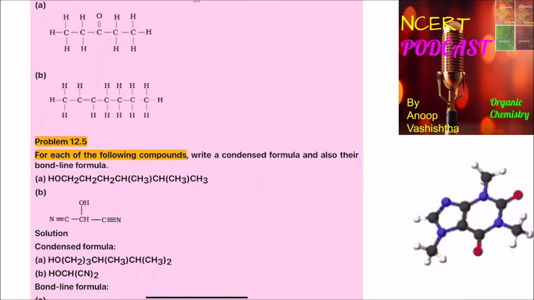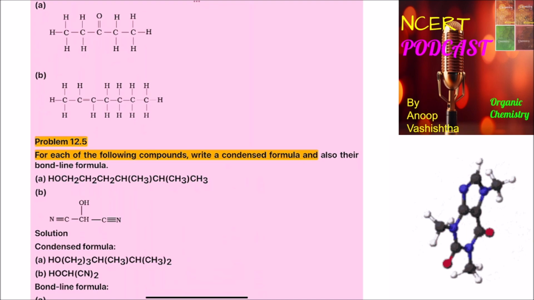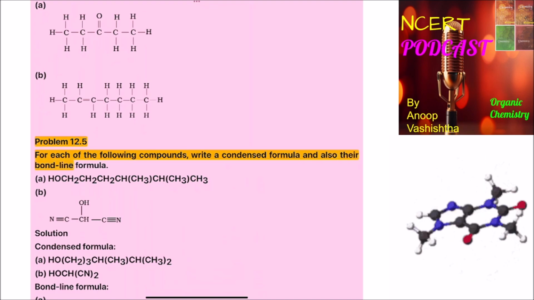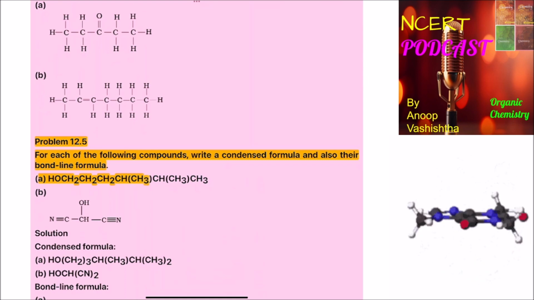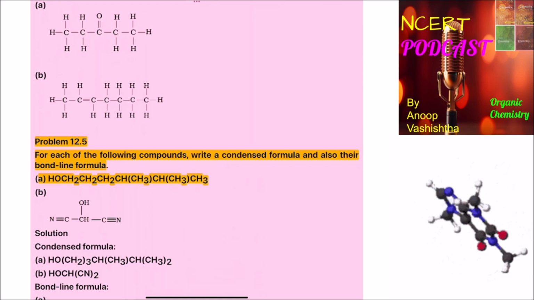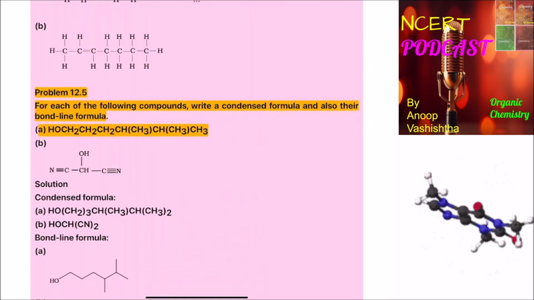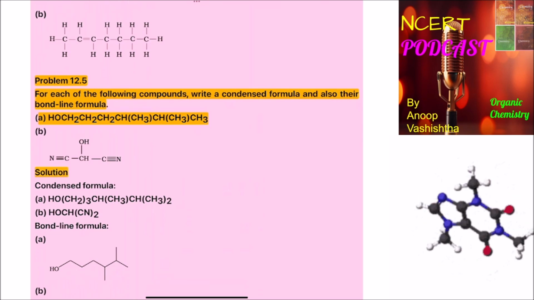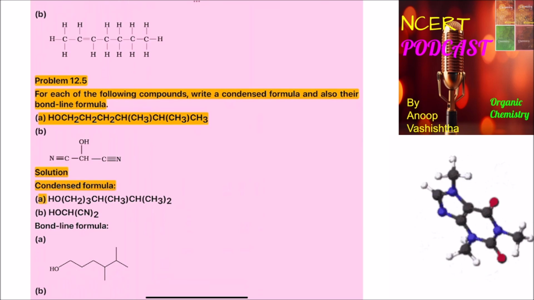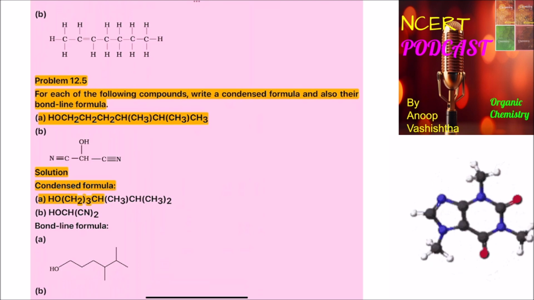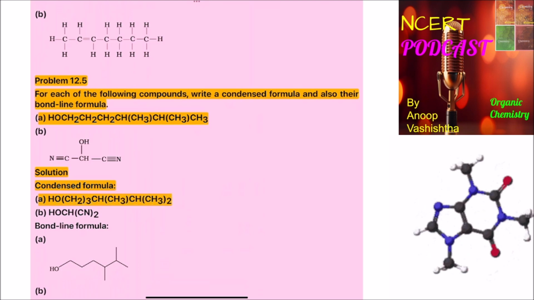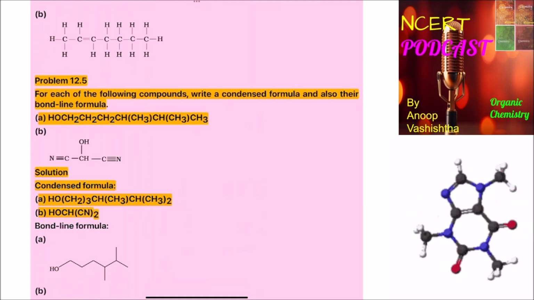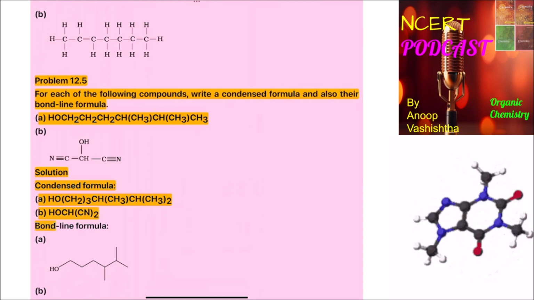For each of the following compounds, write a condensed formula and also their bond line formula: A. HOCH2CH2CH2CH(CH3)CH(CH3)CH3, B. Solution, condensed formula: A. HO(CH2)3CH(CH3)CH(CH3)2. B. HOCH(CN)2. Bond line formula.